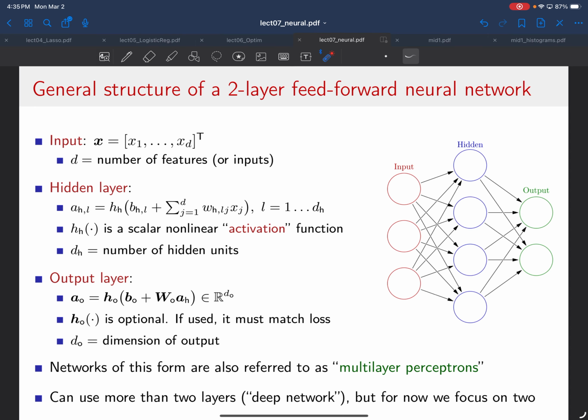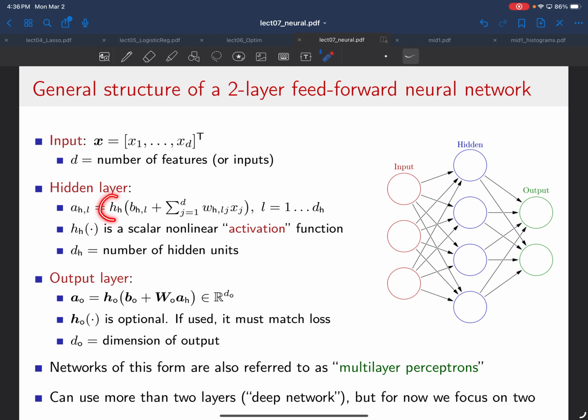So again, we have an input, which in general has D raw features, and then we have a hidden layer. For each of our hidden layer nodes, we have an affine linear transformation of the raw input features. So this is the affine linear part.